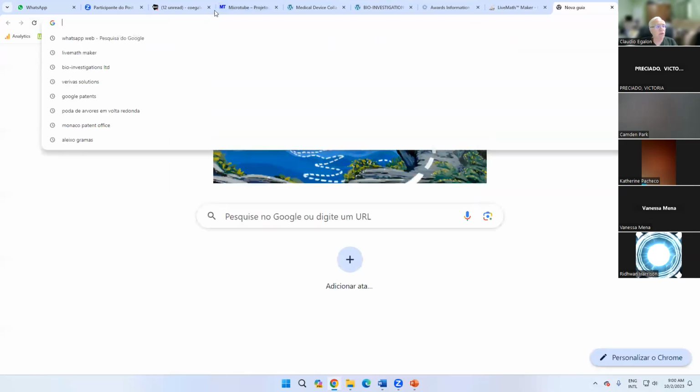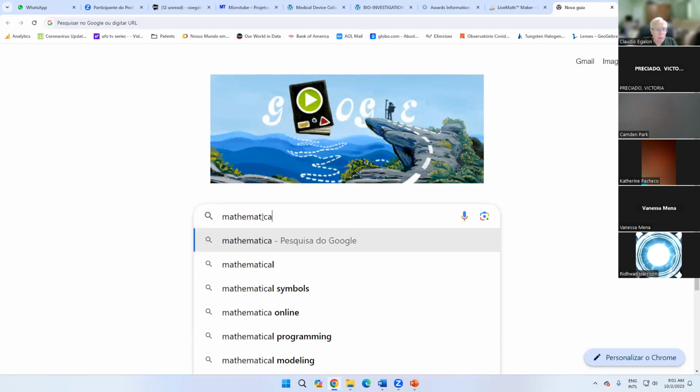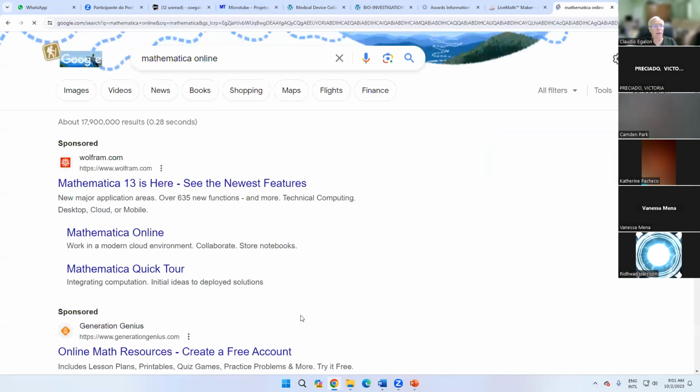I have Mathematica installed on my other laptop, not this computer. Here you go, Mathematica, wolfram.com. They came up with this Mathematica program back in the late 80s.